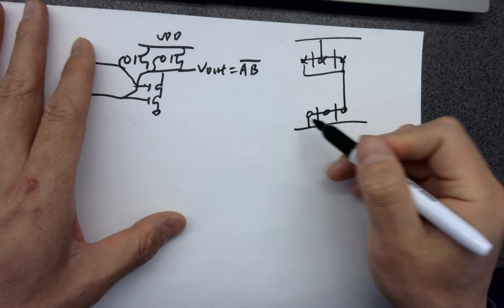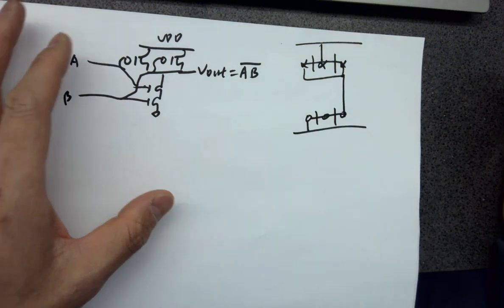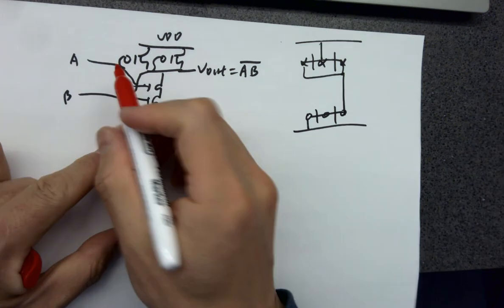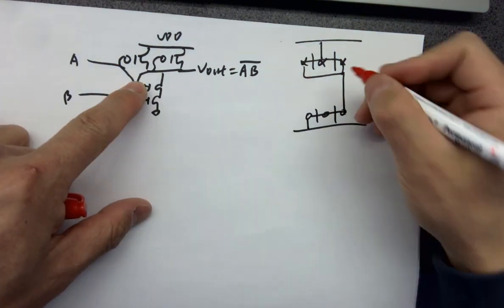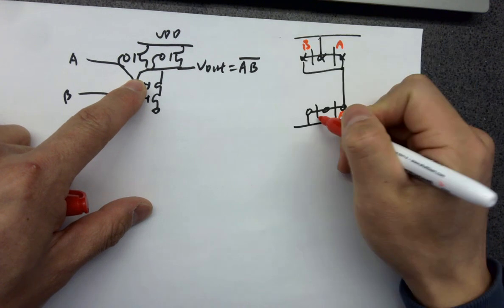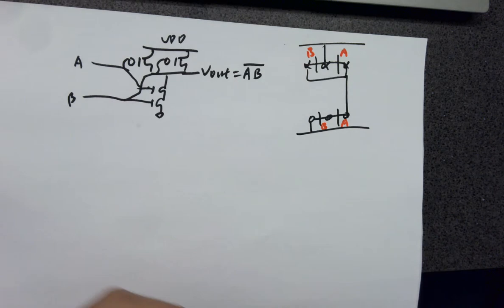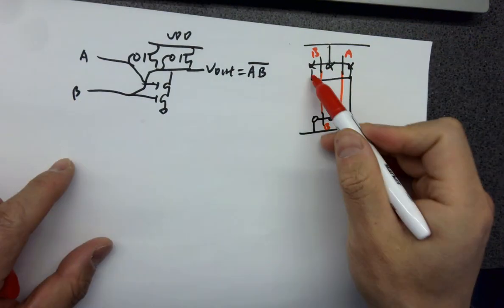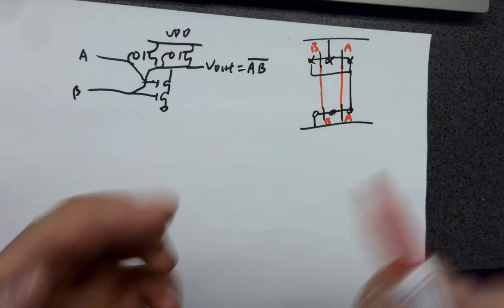And these two NMOSes are in series. Then just label: here's A, the NMOS on the top, so this must be A. Label it A, B, B. But in your Electric VLSI, you have to short them using a poly, which is fine because this is just metal one, so they're not shorted, right? So that's a NAND gate.